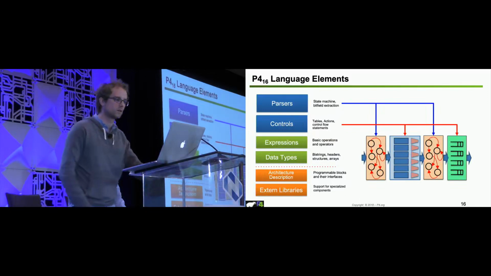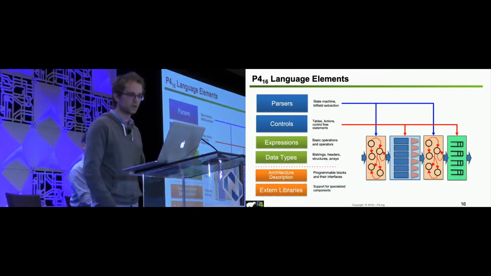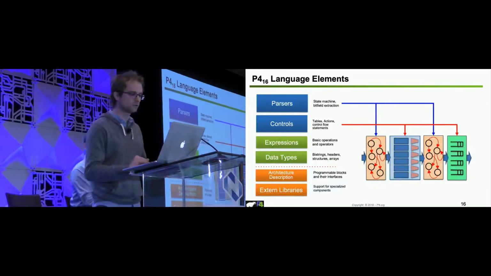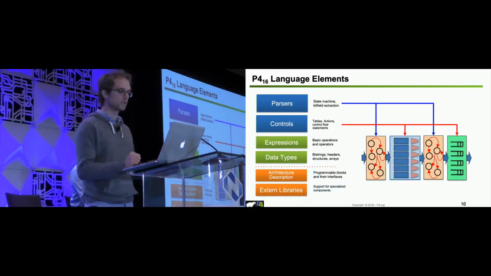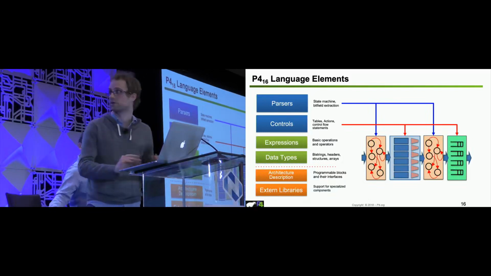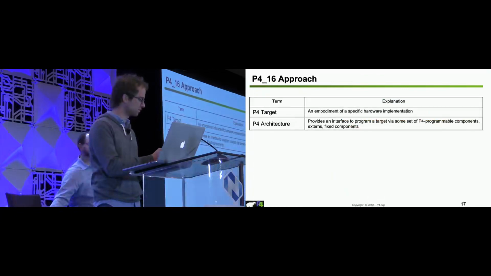So these are some examples of architectures that the p4.org community or specific vendors have developed, and those architectures are also open source in this case. So the V1 model architecture is what Andy is going to be talking about afterwards.